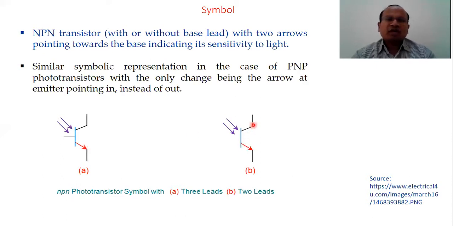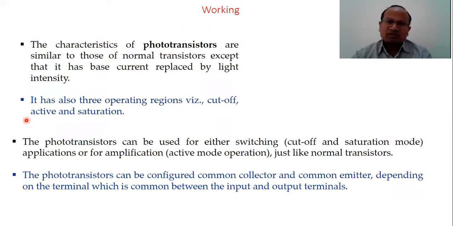So when we have this one, there is no base lead, and here there is a base lead, a base terminal. But what is very common in both is that light is incident on the base area in both transistors, either PNP or NPN.